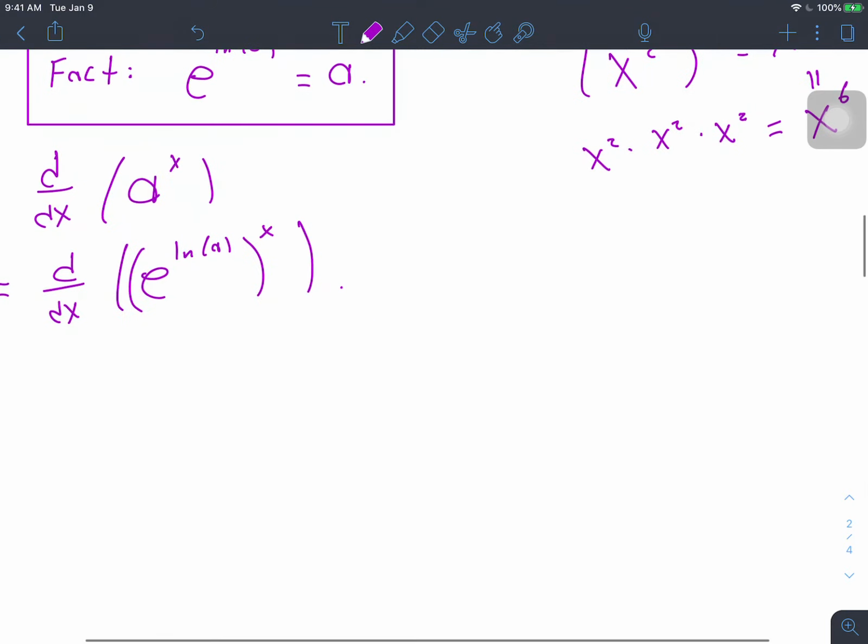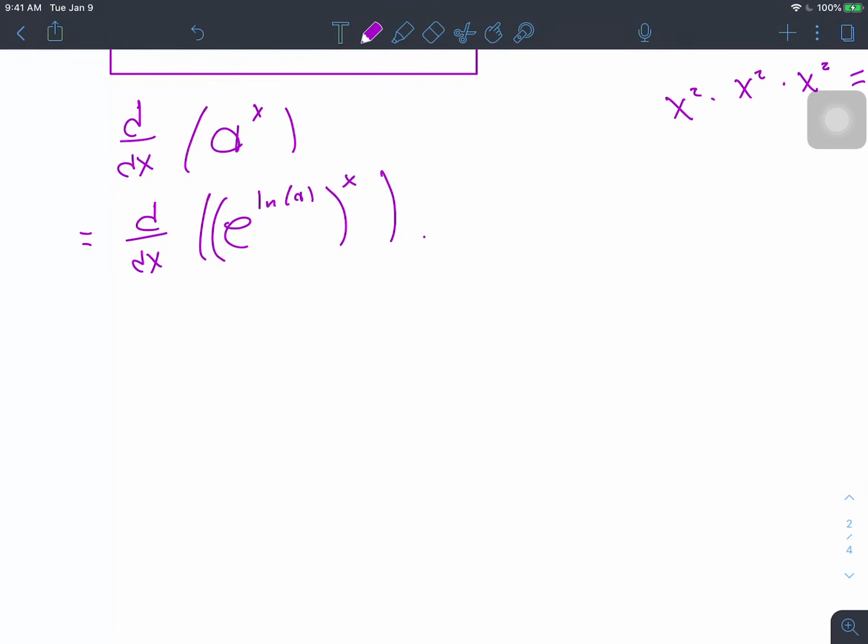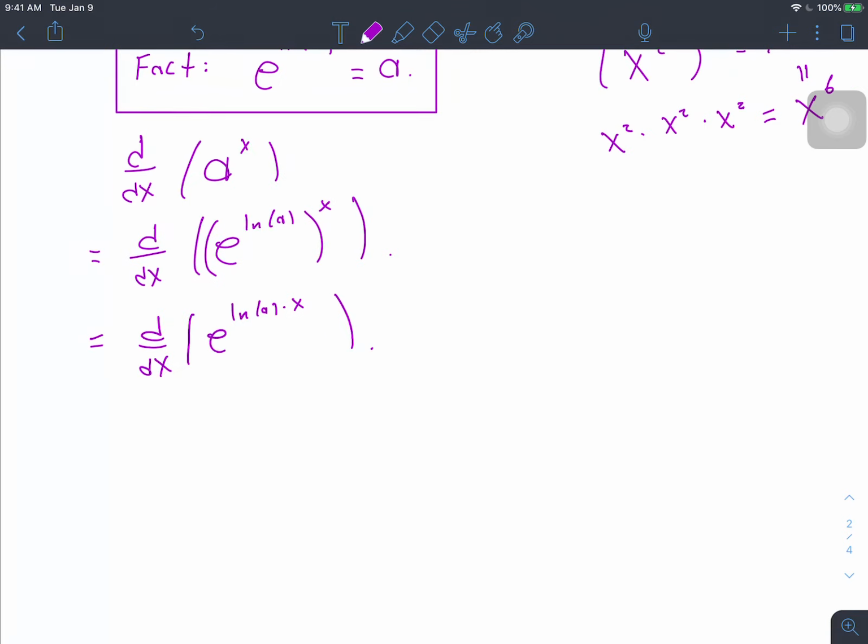Okay, so if I take e to the some number to some number, this is the same as doing d dx of e to the those two numbers multiplied. Okay, and now I have something which looks like e to some number times x. Now I can apply the chain rule.